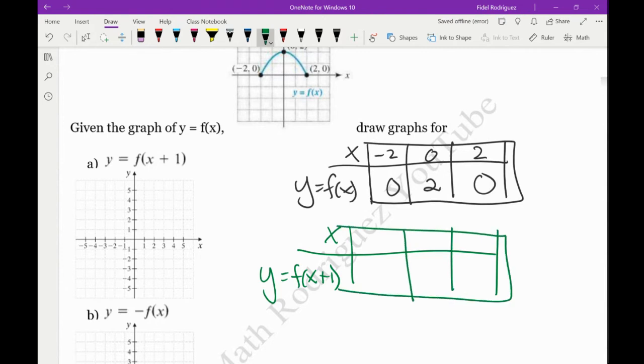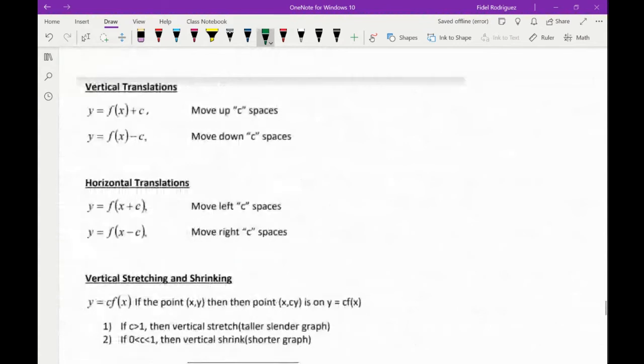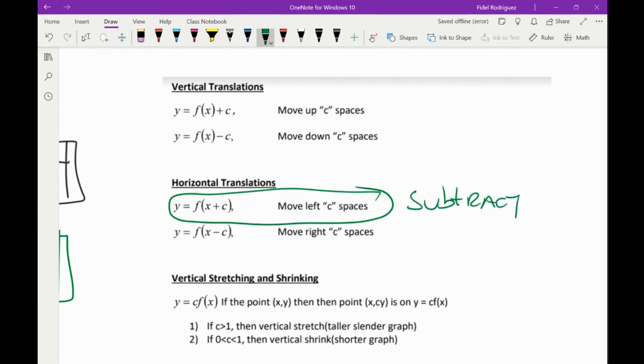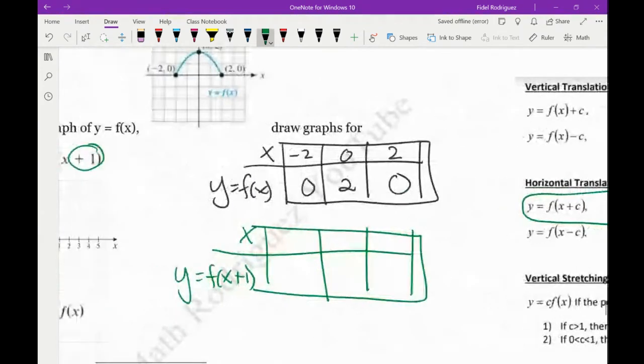Okay. First thing I notice, that +1, is it inside or outside? Inside, right? So look, let's come back over here. If it's inside, we're going to move to the left, right? And guys, when we're moving to the left, aren't we really going to subtract because we're going that way? So look what I'm going to do.